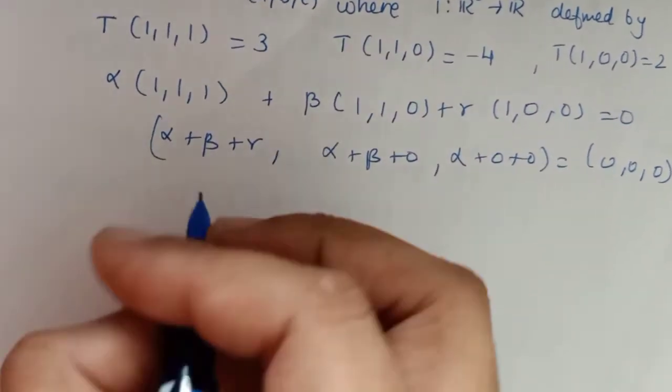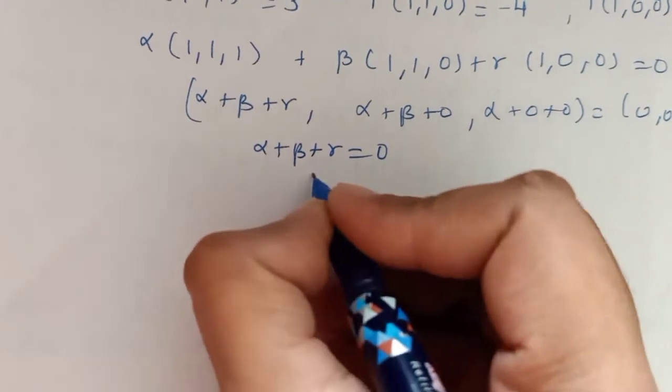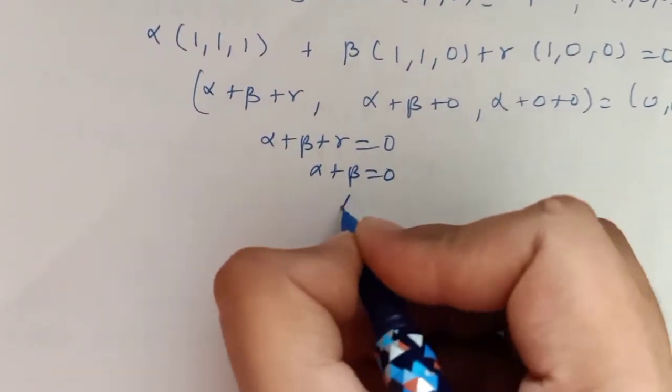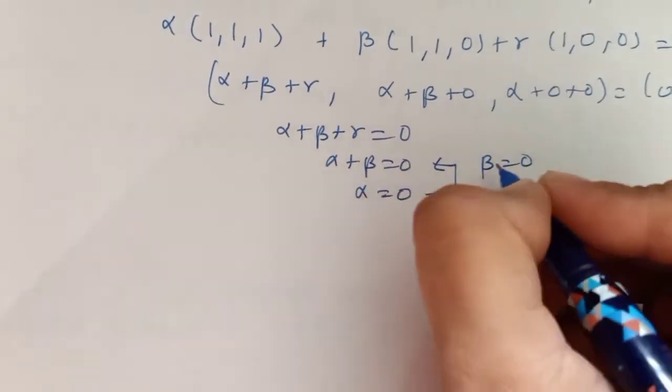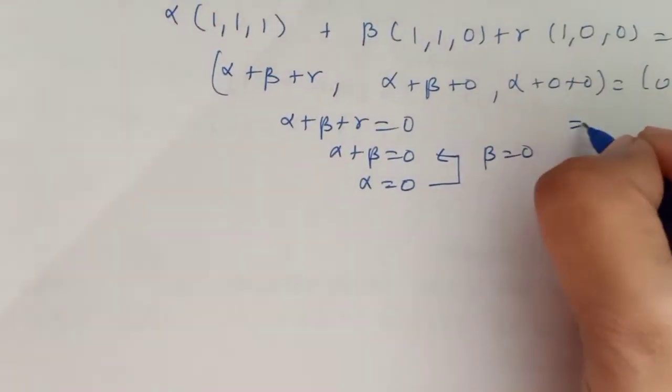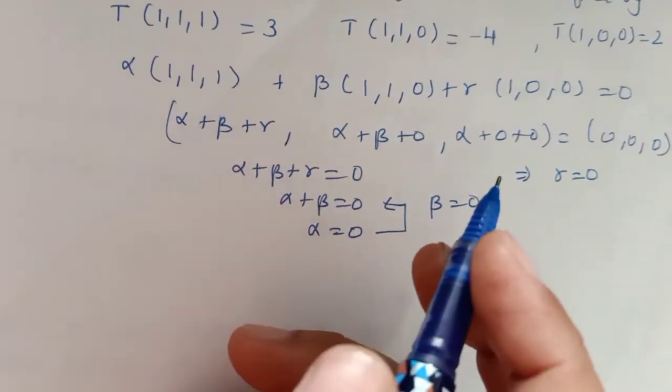So now let us compare on both sides. Alpha plus beta plus gamma is 0, alpha plus beta is 0, alpha is 0. From here this gives beta as 0, and alpha and beta being 0 gives gamma as 0. So the vectors are linearly independent.